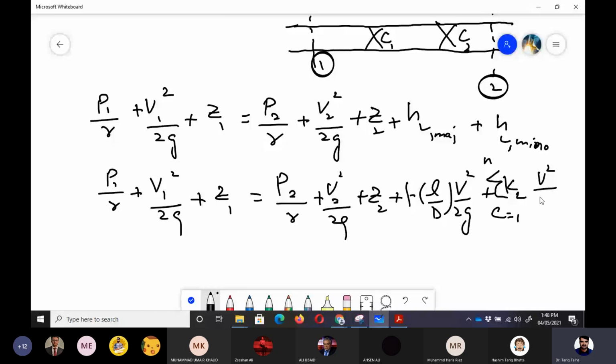Now, here I have shown two components, so the n value would be 2. If there are four components, the n value would be 4.